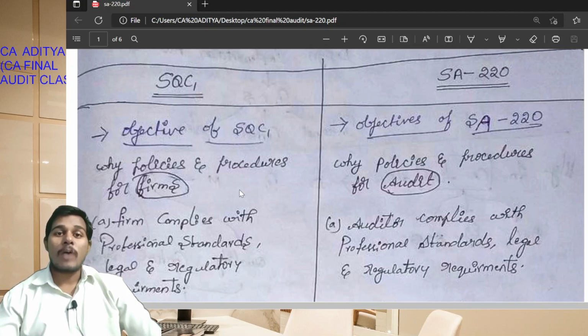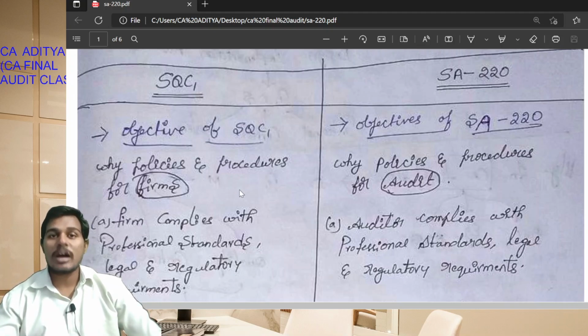Okay students, the firm is going to issue a report, that is the audit report, and it should be appropriate. That is why the policies and procedures are put in the audit firm. As per SQC 1, the firm should comply with professional standards, legal and regulatory requirements, and reports issued should be appropriate.